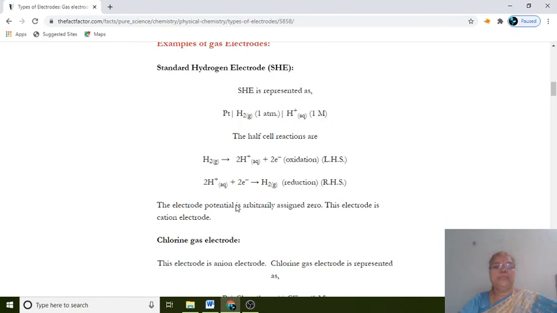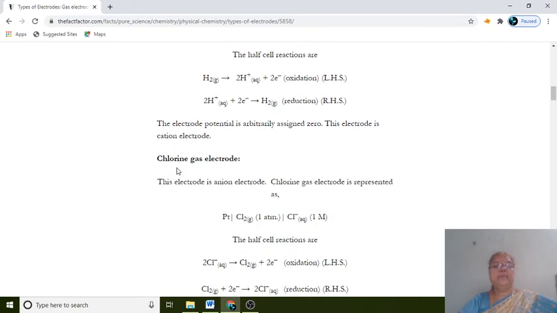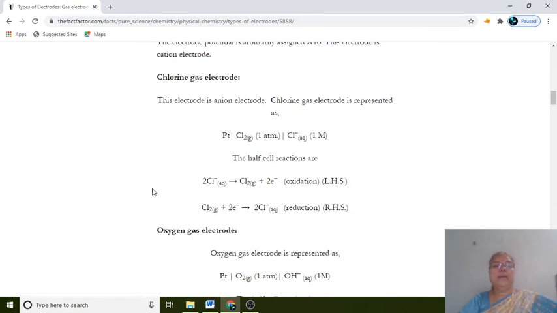Then we will see here the chlorine gas electrode and its construction. Here chlorine gas at 1 atmospheric pressure is bubbled at platinized platinum, and it is in contact with a solution containing Cl minus ions, and again the concentration of the Cl minus ions is 1 molar.